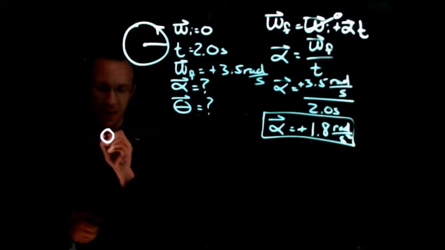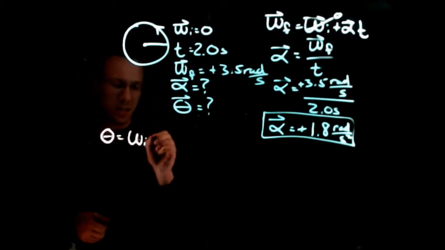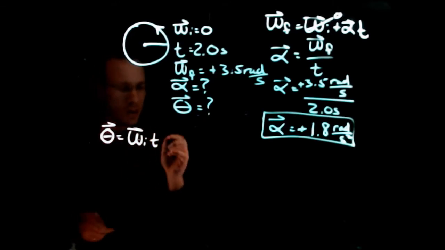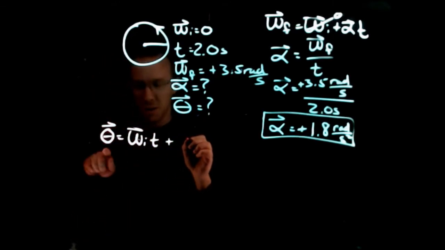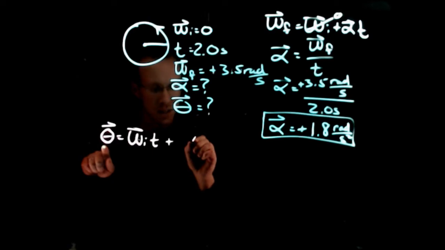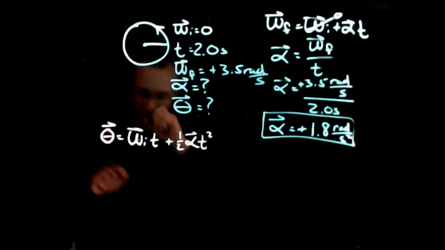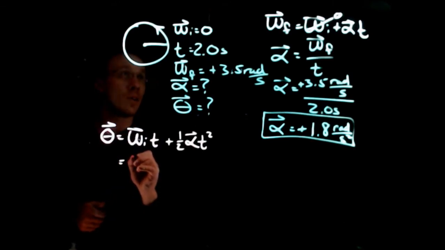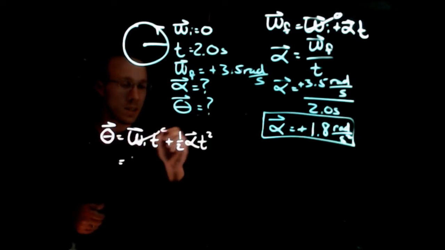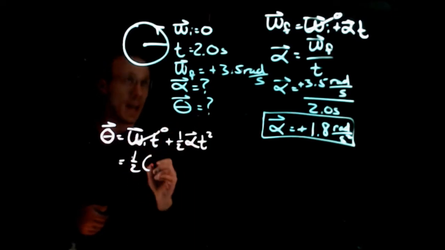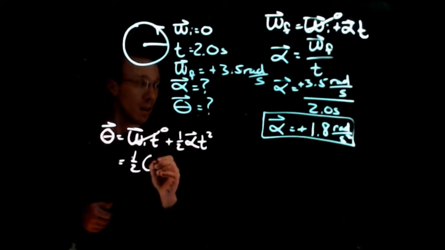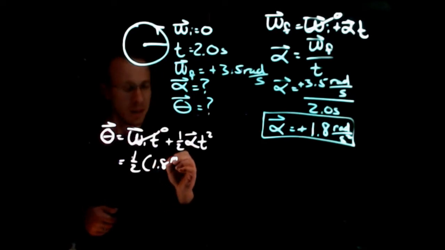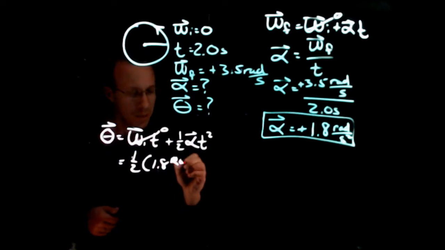So the first one that you're probably inclined to use is our third equation, which deals directly with solving for theta. And so we would put in 0, plus one half, alpha is 1.8. Don't make that mistake; I put meters.